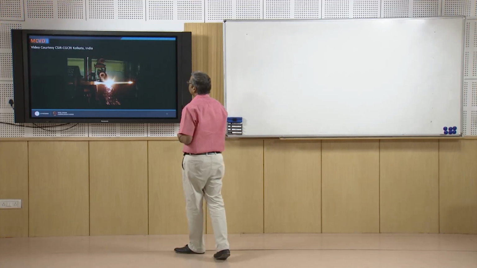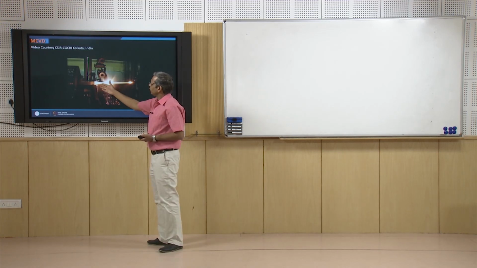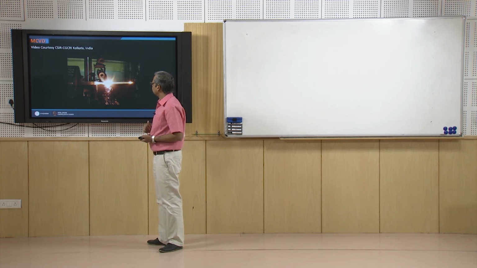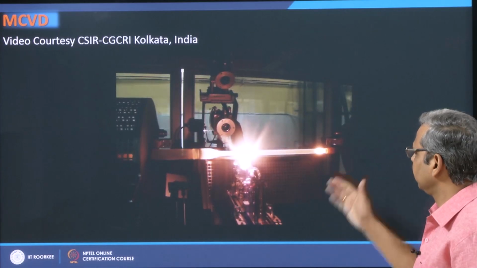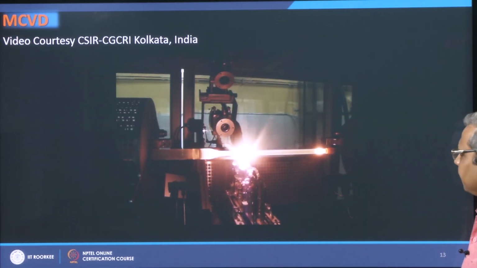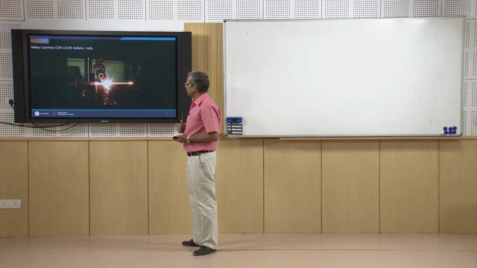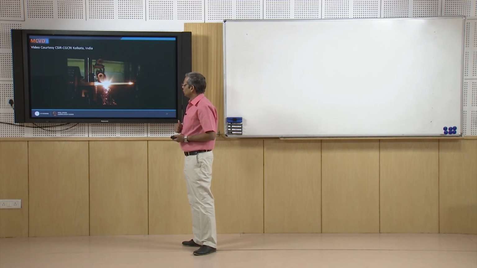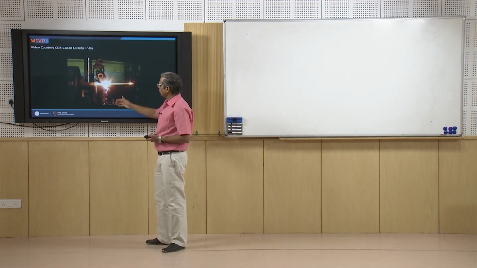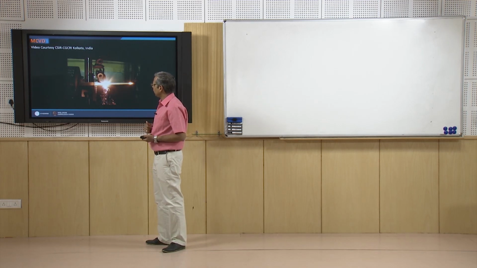So you can see that as soon as it reaches this end, the burner will go back and then it will start again. It is now about to reach this end of the tube.